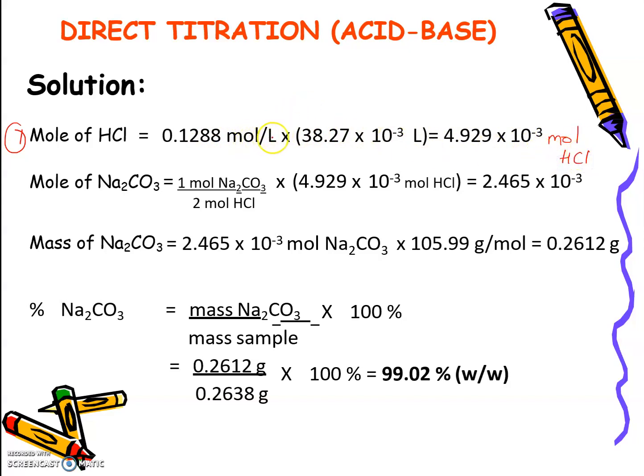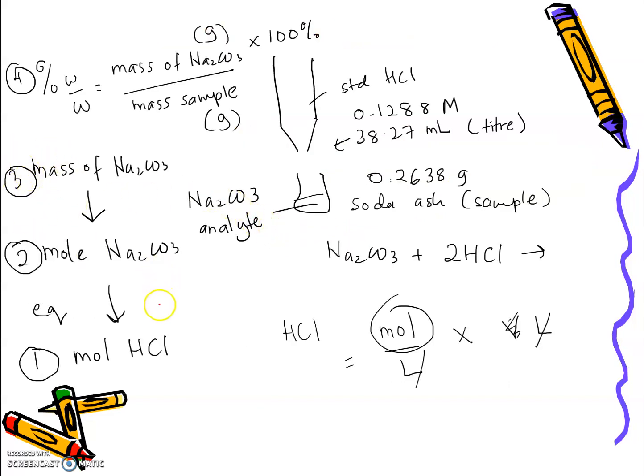From the unit molarity, mole per liter, times volume in liter. So volume we have to change to liter. Okay. Given in the statement is in ml, so change to liter times exponent -3. So from mole per liter times liter, you can find the unit mole. So number 1, mole HCl. Follow the flow. Okay. Or you have to find the concept, and then it is easier for you to understand.